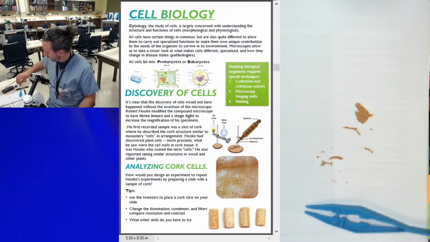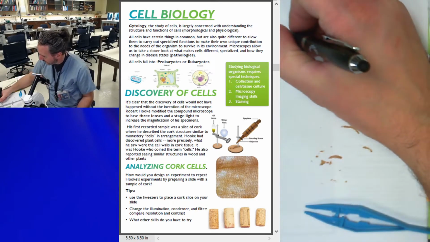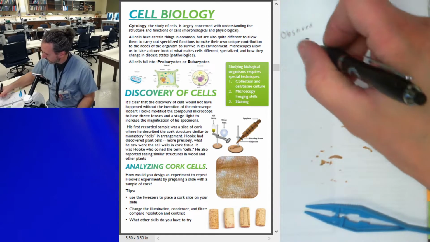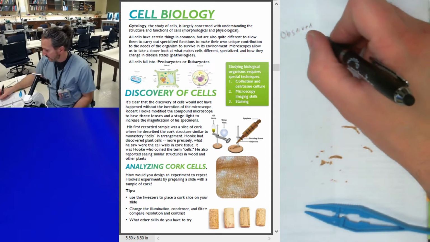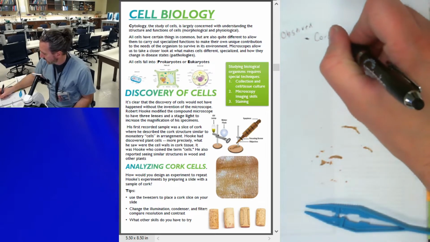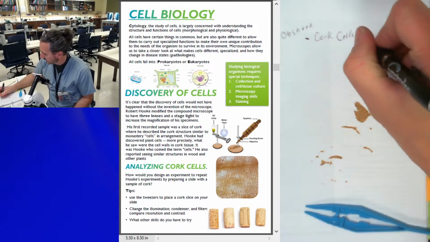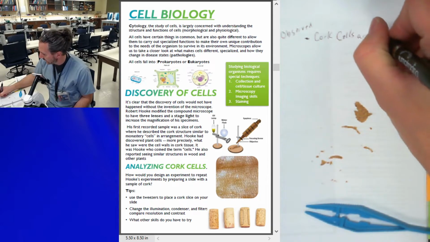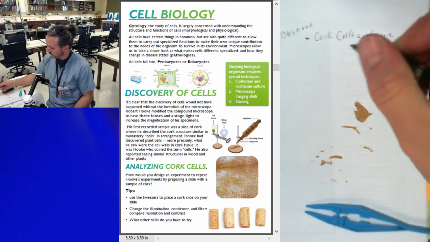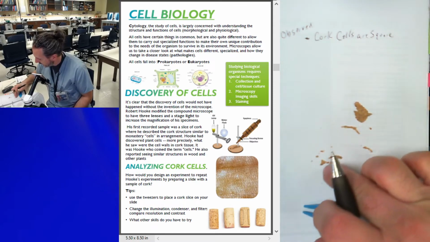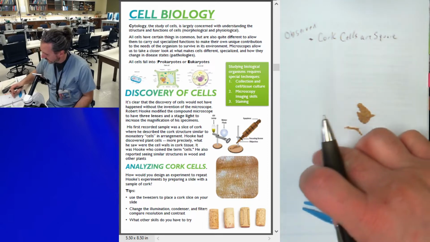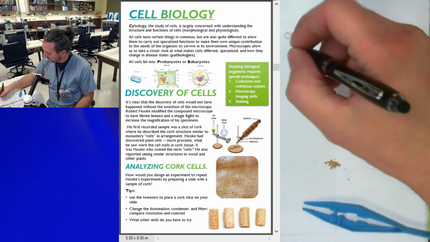So here's what I've observed. I've observed pictures of cork cells, and they're kind of square, if you didn't notice. But I shaved a bunch of curly perspectives, so I'm not always going to get the same slice, right?